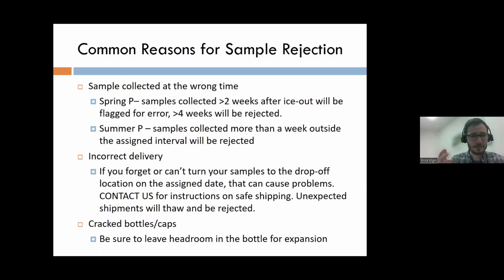We could lose a sample, for example. So please contact us if you cannot make that June date, for example, or the summer drop-off date, and we can arrange a way for that sample to get to us correctly. We don't want a sample dropped off somewhere and thawed fully for a couple days before we get it, because at that point we would have to reject that sample.